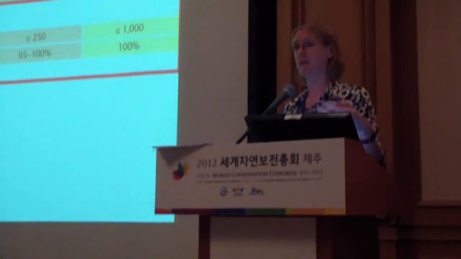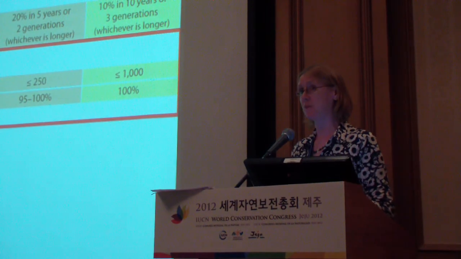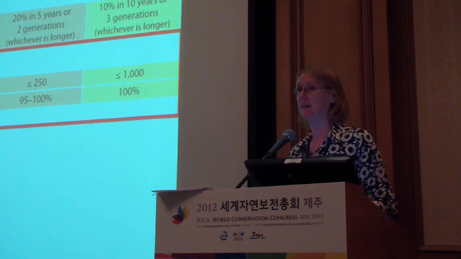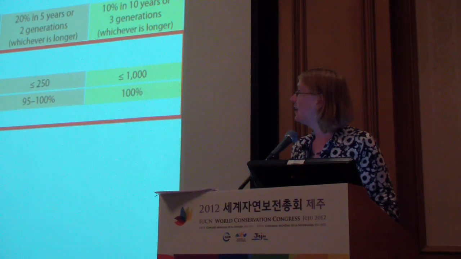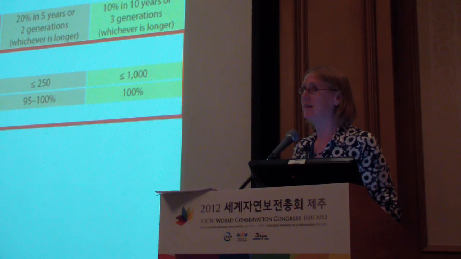Sometimes you do have both being used, but if you notice in criterion C, first of all, you have to have this small population size. But for criterion A, you don't. It can be well above those population sizes, but there's just been a massive decline in the past or whenever. Also in criterion C, these time thresholds are slightly different.